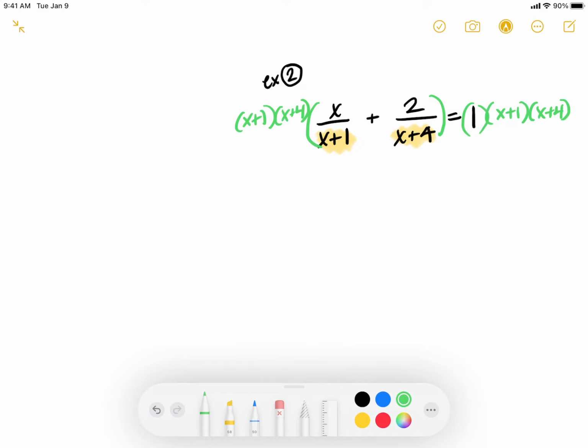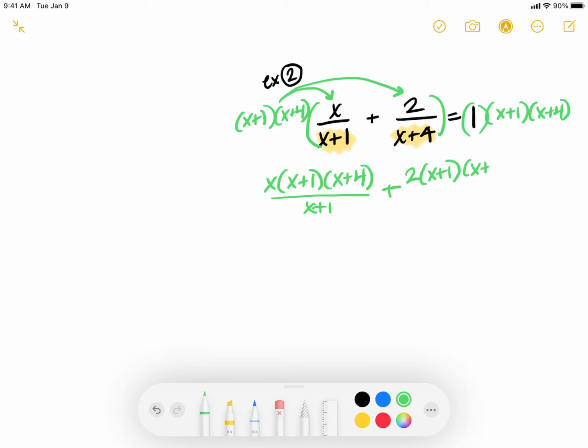So let's see what that looks like. Well, I need to distribute this whole thing to the first term, x times x plus 1 times x plus 4, all over x plus 1. Plus, let's distribute it to the second term as well, 2 times x plus 1, x plus 4, all over x plus 4, equals x plus 1 times x plus 4.